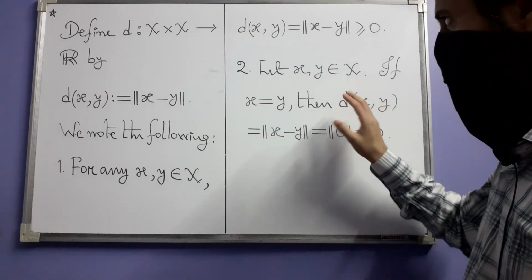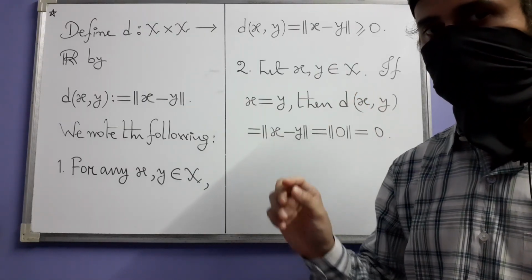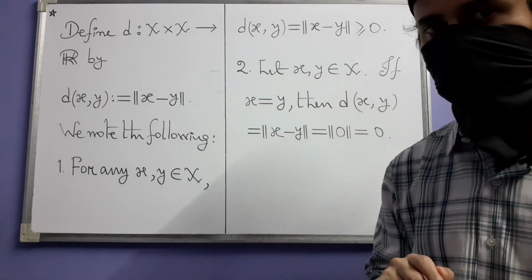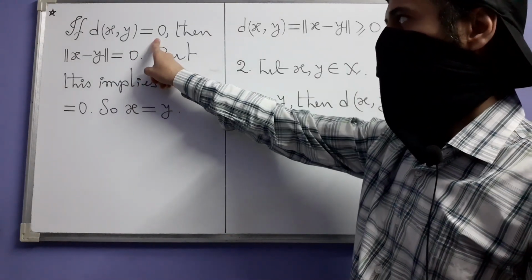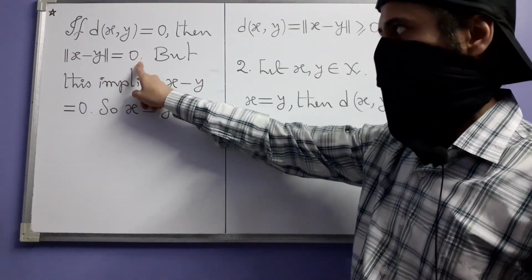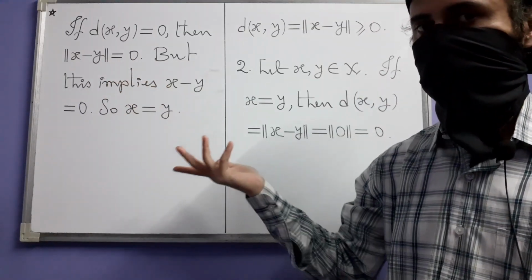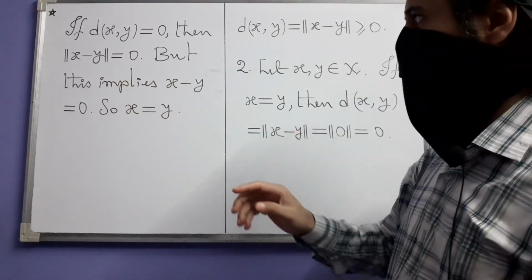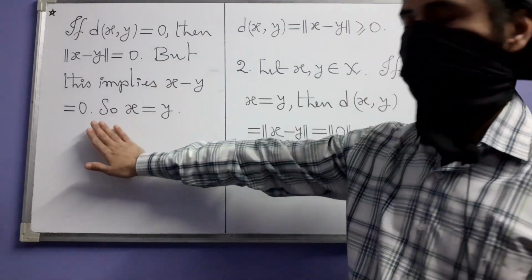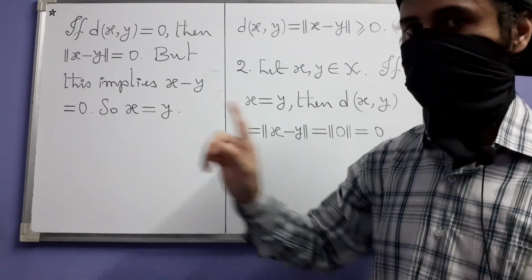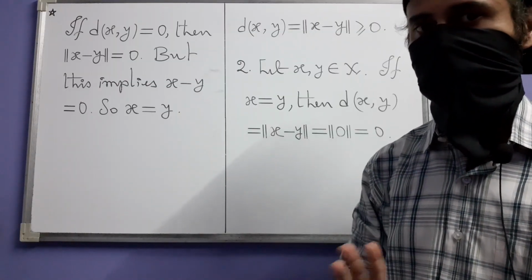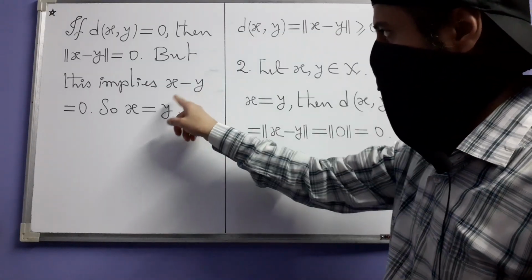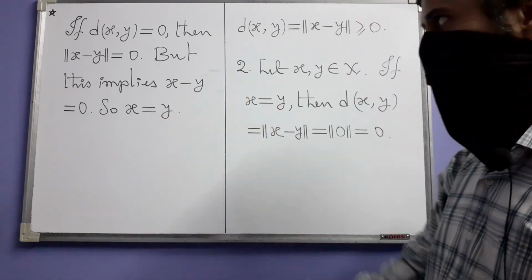This comes from condition 2 for the norm function itself. Conversely, if the d value is 0, then that means this norm value is 0, but then again by non-degeneracy of the norm function, the vector itself has to be 0. Only the 0 vector has 0 norm. Non-zero vectors have positive norms. But then from this it follows that x is equal to y.